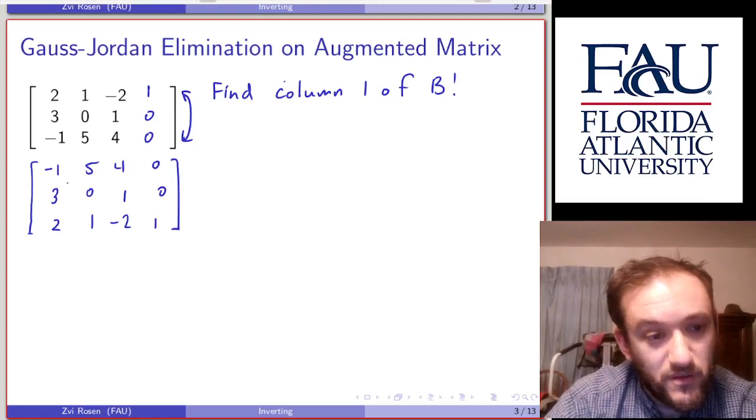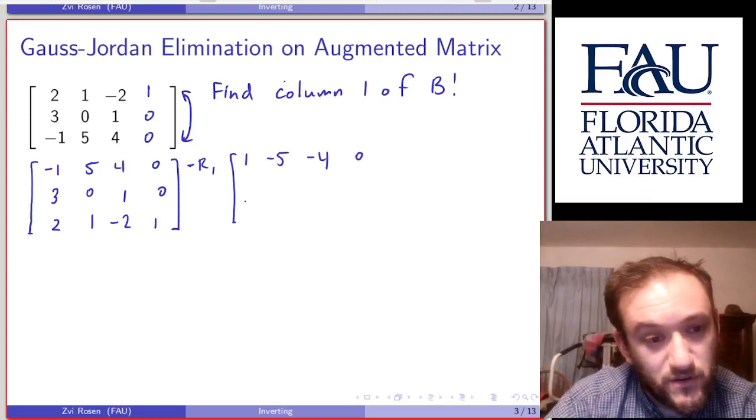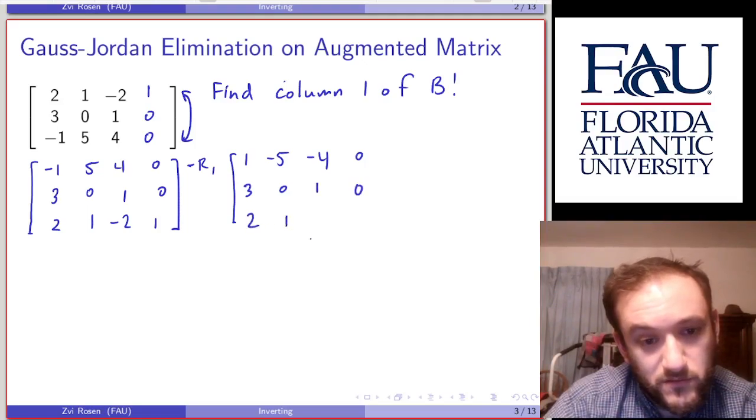Next up, we're going to multiply the top row by negative 1 to get 1, -5, -4, 0. And then the rest of the matrix stays the same: 2, 1, -2, 1.